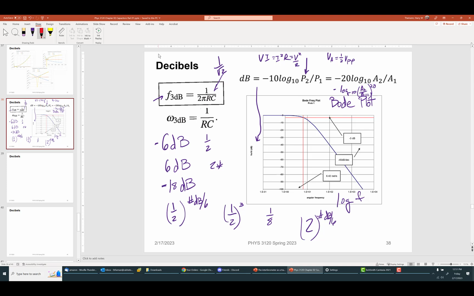Because that's 1/2, 1/2, 1/2, so 1/2 to the third power, and we get 1/8. Similarly, if it was amplification, we'd have 2 to the third power, and that equals 8.